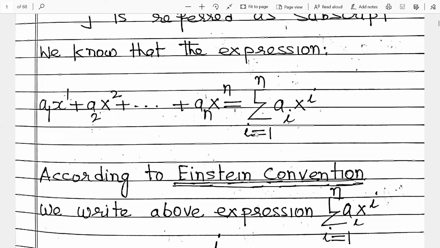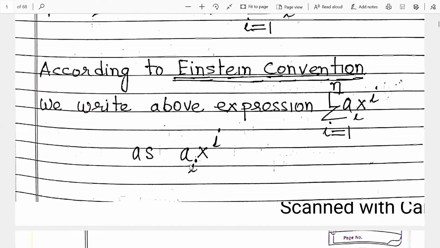Now, according to the Einstein convention, in this summation we can drop the summation sign. So we write the above expression, that is in summation form, as a_i x^i, a with subscript i and x with superscript i.